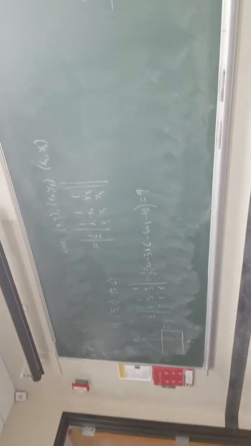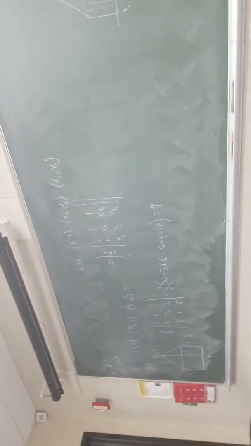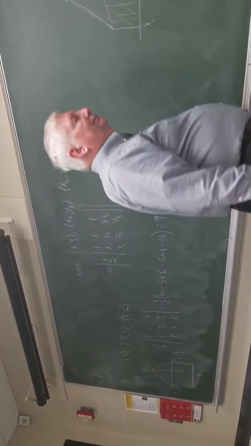So that gives us another way to find the area of a triangle. Now we have some more. Who would have thought that we'd have more?